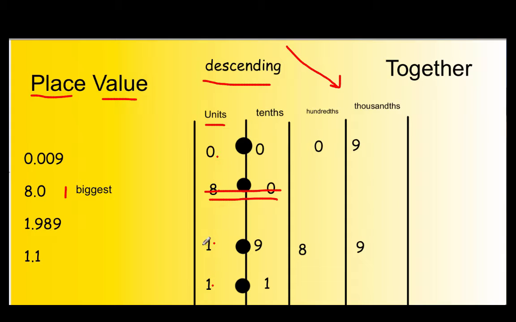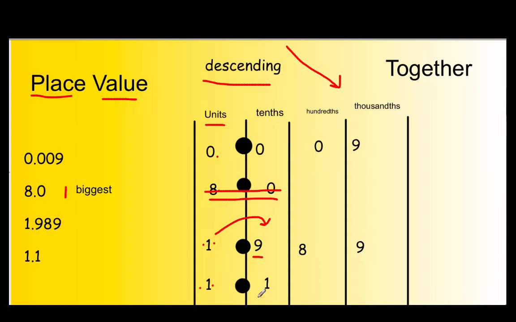Okay, so it's going to be this one here or this one, but they're both 1. So where do we go? This is 1.989. This is 1.1. If the units are equal, where do we go? I hope you've worked out that we go into looking at the tenths. We start to compare tenths. Right, this has got 9 tenths, this number.